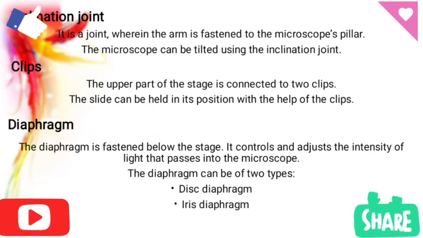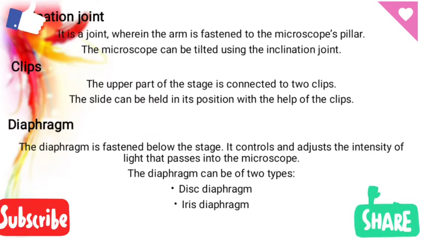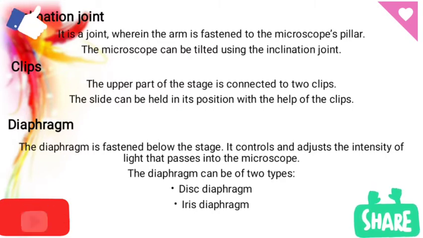Then we have the inclination point. It is a point wherein the arm is fastened to the microscope's pillar. The microscope can be tightened using the inclination point. Then we have the stage clips. The upper part of the stage is connected to two clips. The slide can be held in its position with the help of clips.